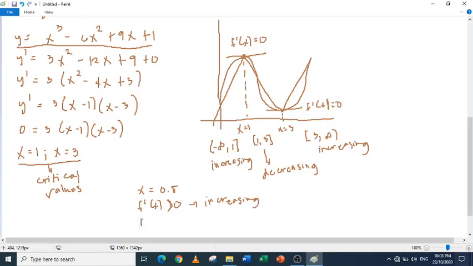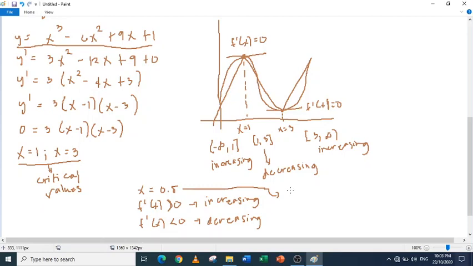But if the derivative of the function is less than 0, we can say that this function is decreasing.